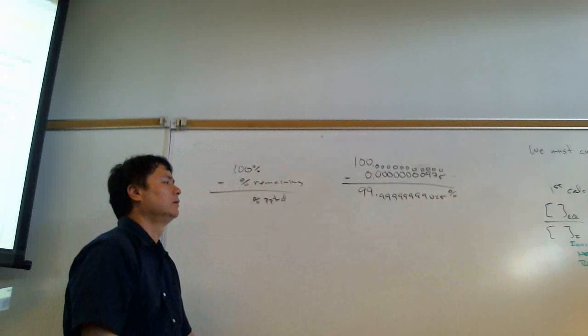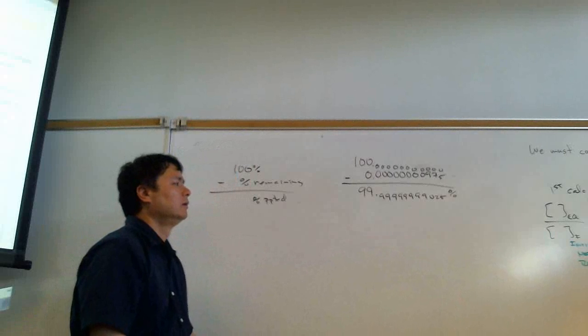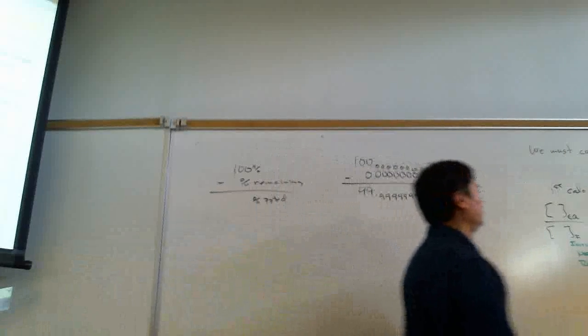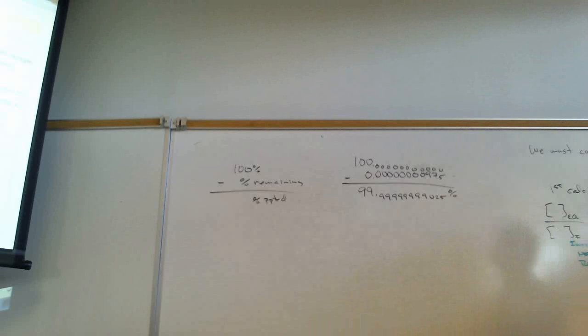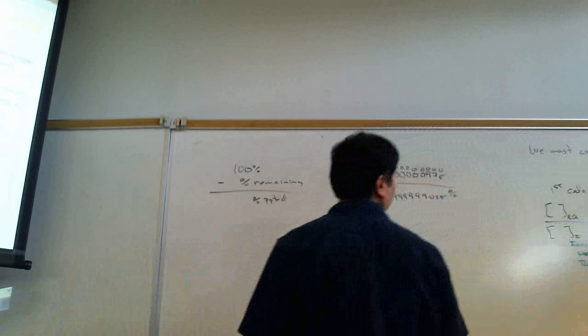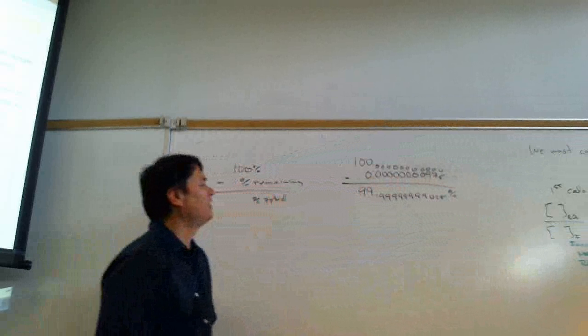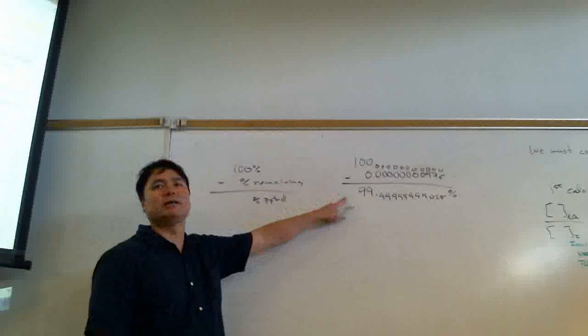You only divided by the 100. Actually, okay, 10 to the minus 11 times 10 squared should be 10 to the minus 9. I got my units wrong. Sorry, this should be percent remaining. So if that's the percent remaining, this is the percent that was precipitated.